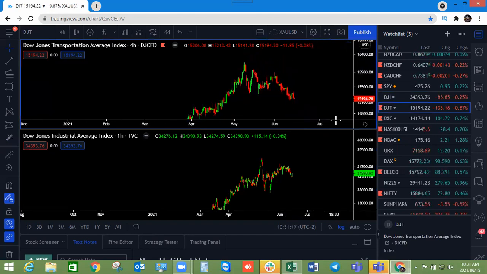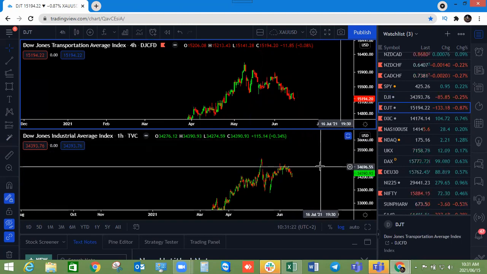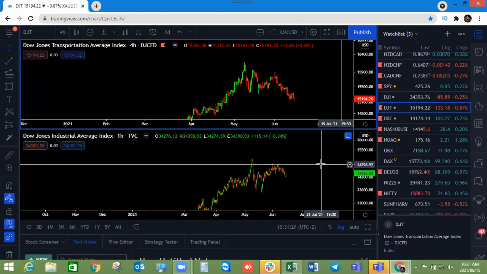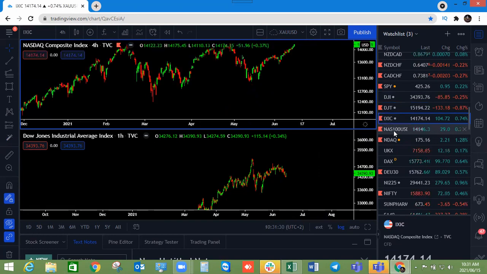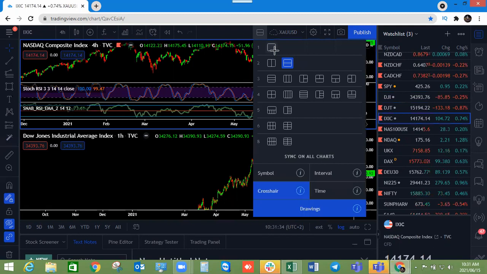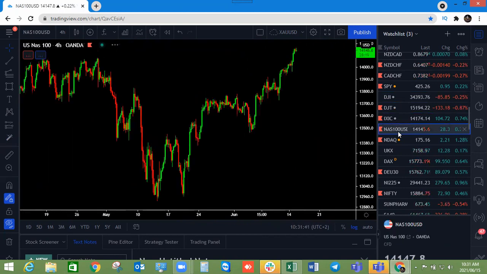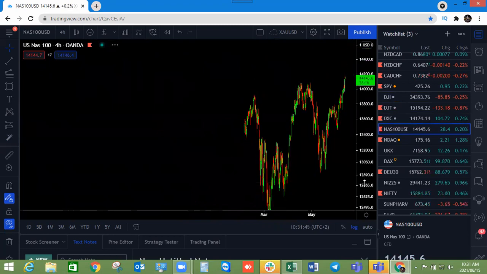The relative strength between the two averages is the same. There's no relative strength there. Okay, so we've seen that. No indication of reversal on the S&P 500. Let's go back to one chart. Nasdaq continues to push up higher, playing out the running flat.